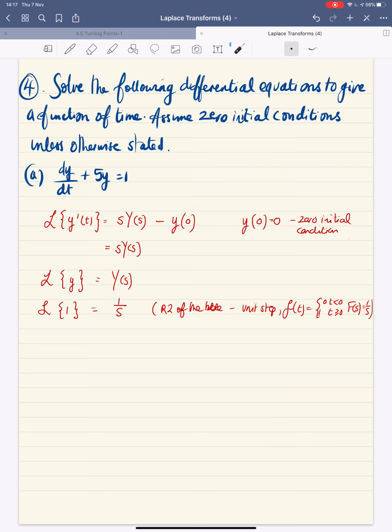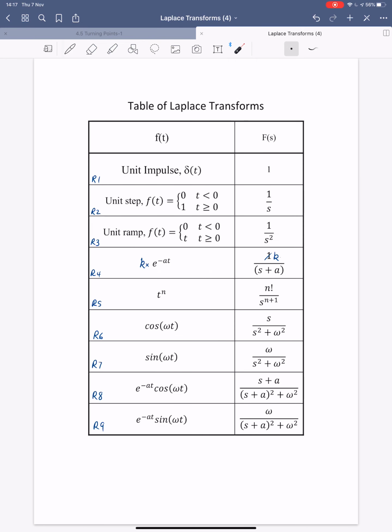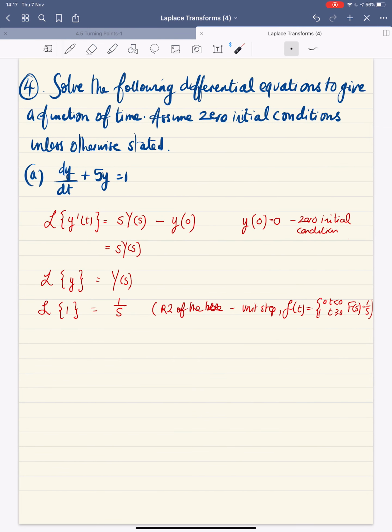The Laplace transform of y is Y of s. And the Laplace transform of 1 on this side is 1 over s. I've used row 2 of the table for that. Here, the unit step, f of t is 1 when t is greater than or equal to 0, and F of s is 1 over s, which is written out there.